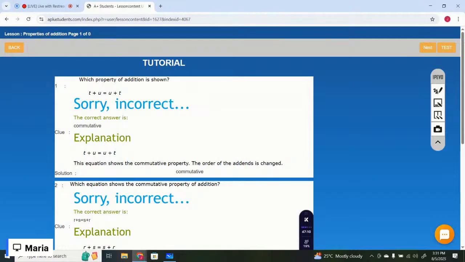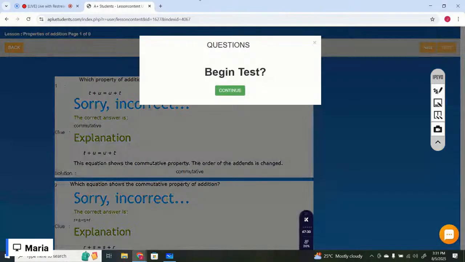T plus u equals u plus t. The equation shows the commutative property, the order of the addends is changed. So that is the commutative property. Let's just start with the test questions.